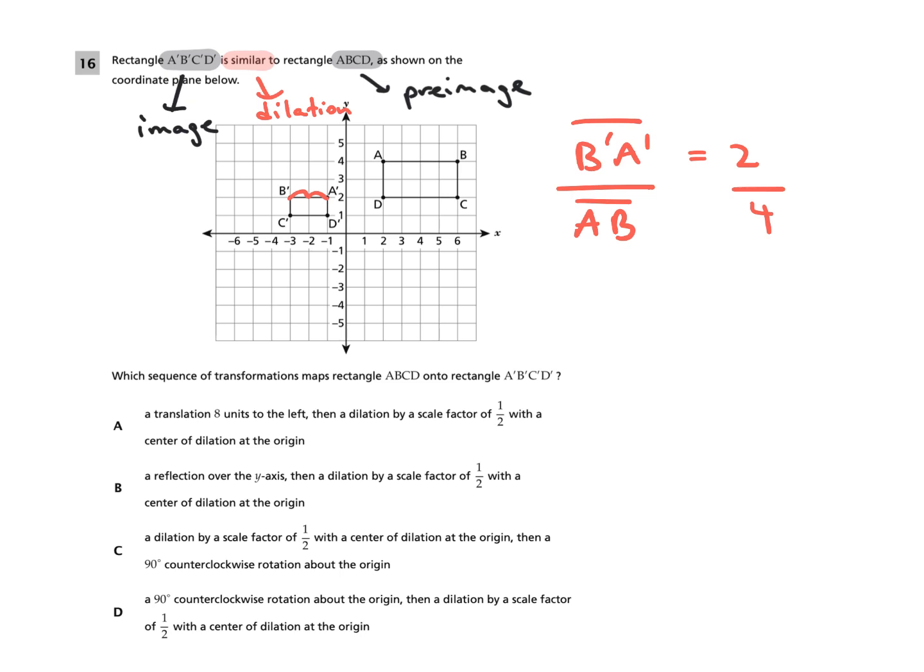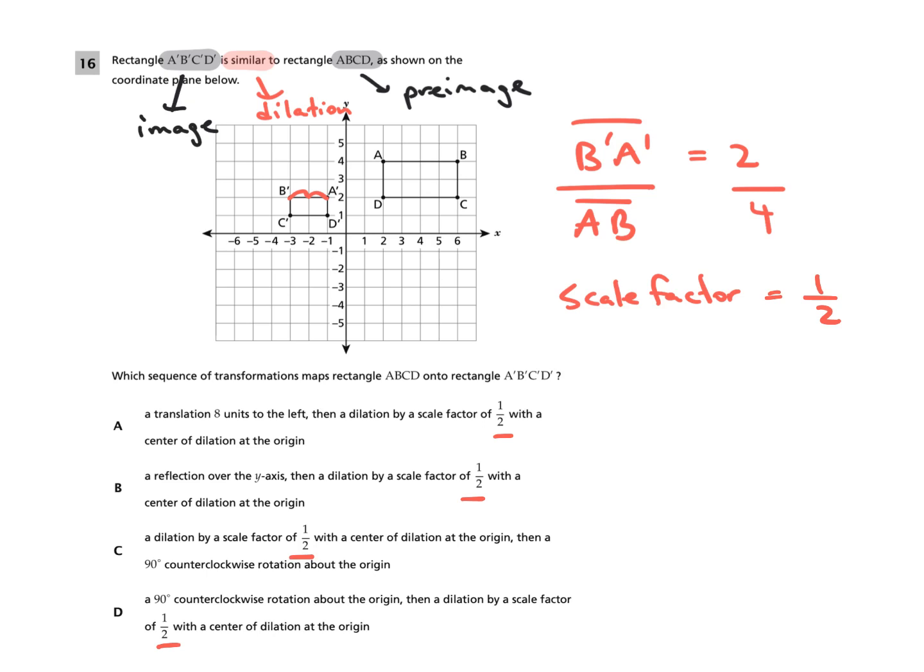So 2 divided by 4 is 1/2. So the scale factor in this case is going to be 1/2, okay? So that's going to be important. Actually, you could have just known that by looking at all the choice options. They're all a scale factor of 1/2, but knowing how they got that is important too, okay?